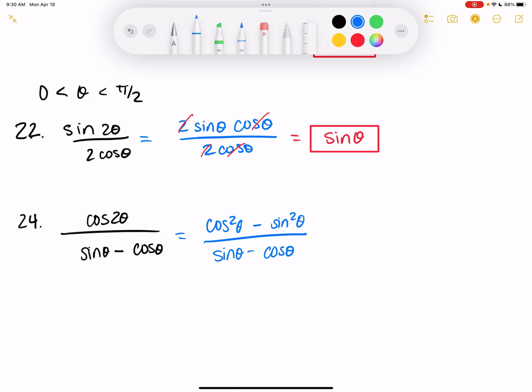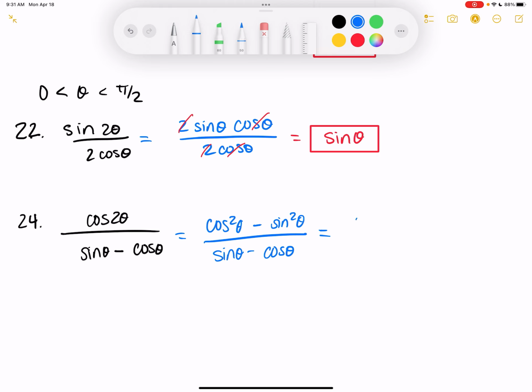So, what does the top kind of look like? The difference of squares, right? So what would that allow me to do? I forgot.